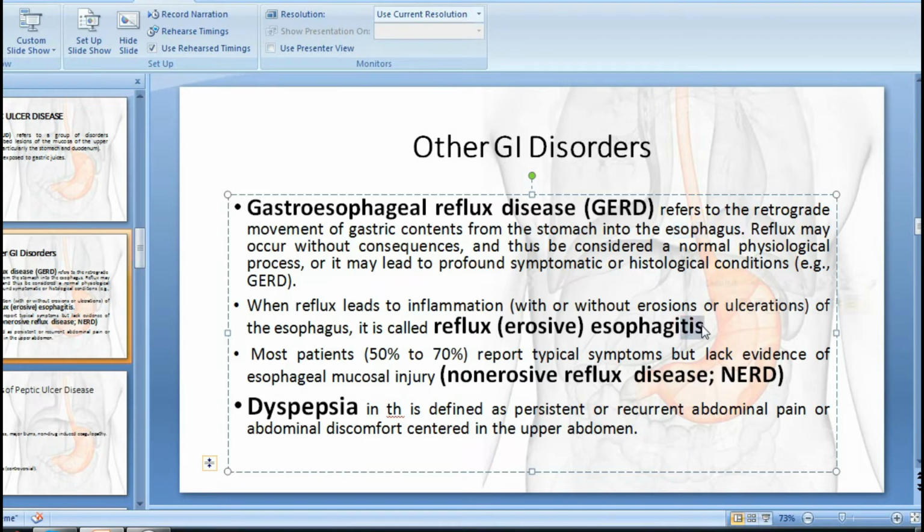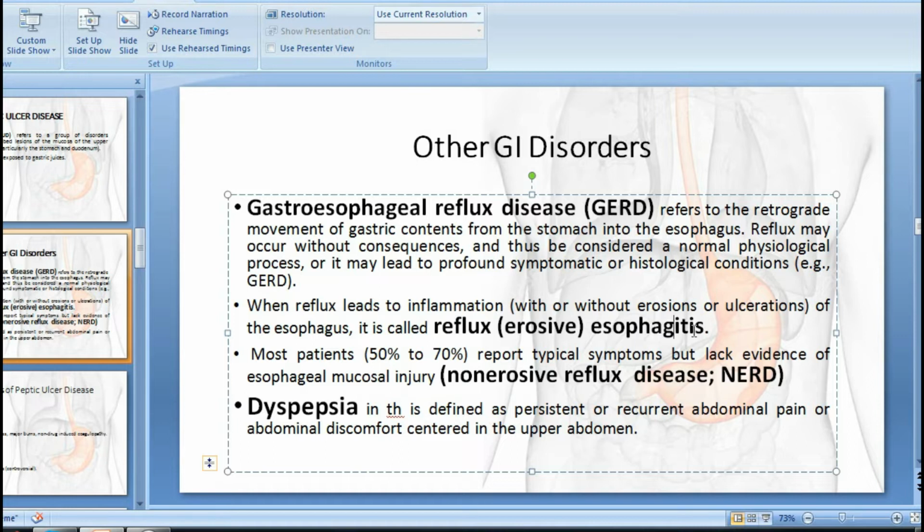Itis means inflammation. Whenever the word itis comes, it means inflammation. For example, hepatitis, inflammation of the liver. Meningitis, inflammation of the meninges that are present in the brain.